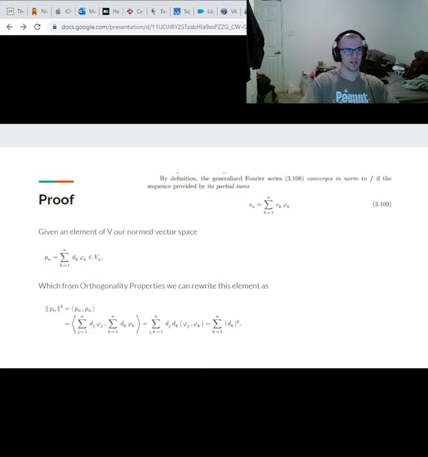And then up at the top, I have our formal definition of the Fourier series and the S sub n that it is defined to converge to.